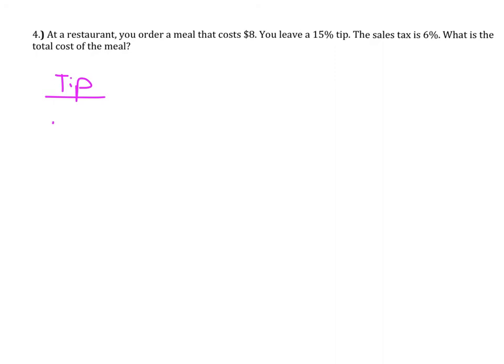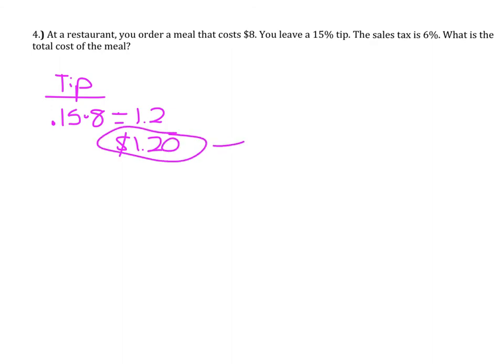So 15%, we know we write that as a decimal as 0.15 if we move the decimal 2 places to the left, times the bill, which is 8. So 0.15 times 8 is 1.2. So the tip is going to be $1.20, right? That's the tip. Now the tax is 6% of the meal.